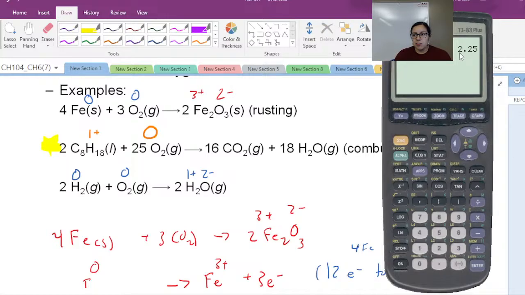So each carbon is in an oxidation state that should be negative 2.25, right? Let's just redo that. Negative 2.25, excuse me, times 8 gives us back negative 18, which balances with that 18 there.